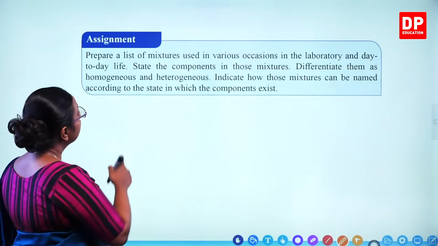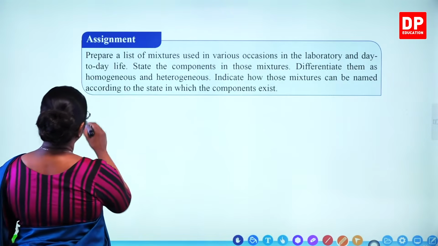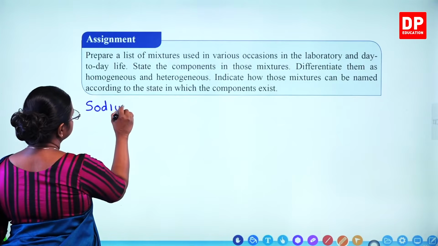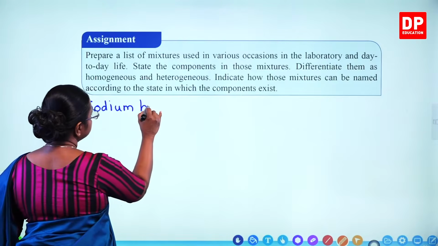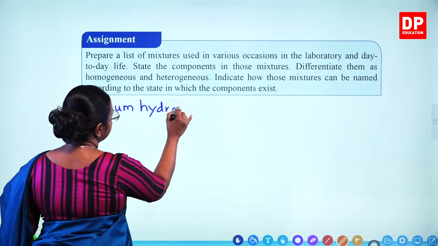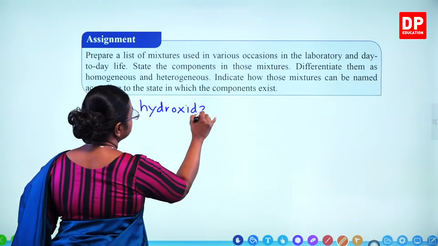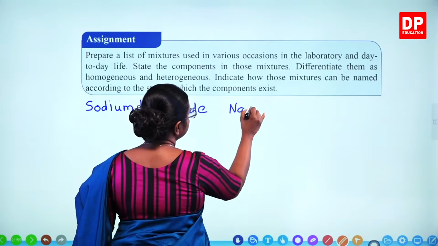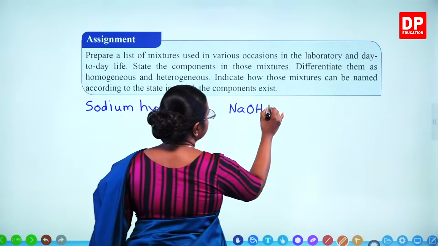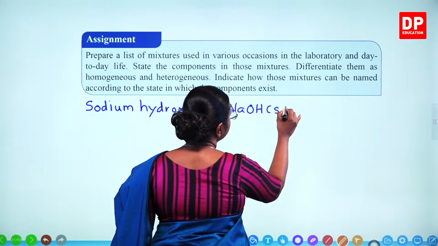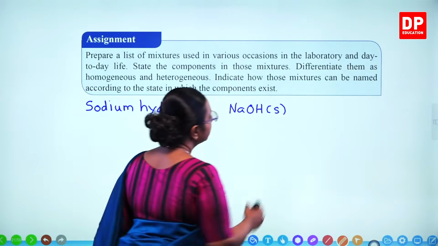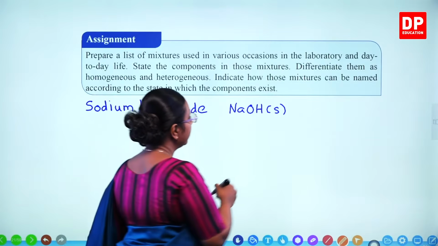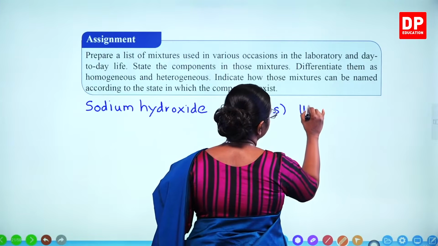So, if I write the mixture, sodium hydroxide solution, and the components are NaOH, that is in the form of a solid. I'll use the first letter to denote the physical state, solid, and water.